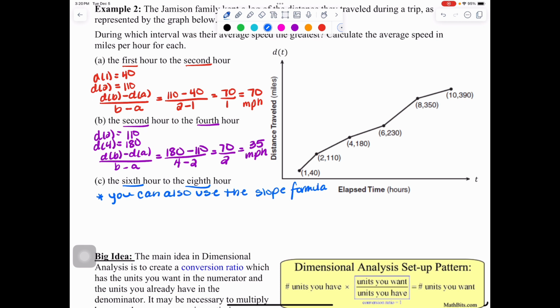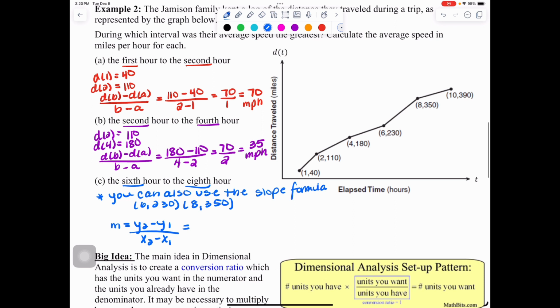So the 6th hour was 6, 230. The 8th hour was 8, 350. And then you can use the slope formula, which is y2 minus y1 over x2 minus x1. Remember, it's just basically a rewrite of the slope formula using function notation.